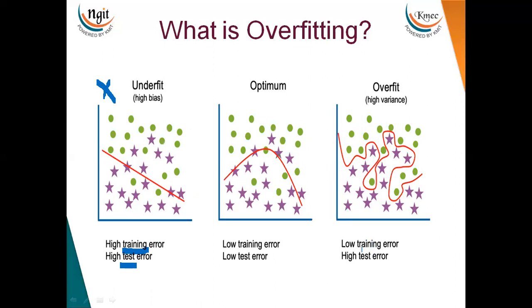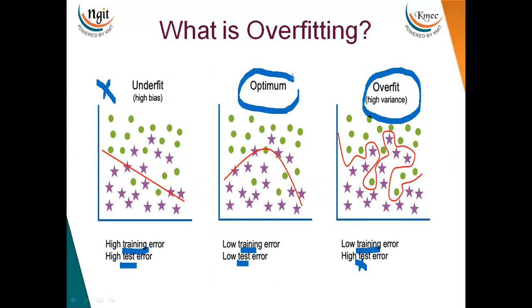If a model has low training error, meaning it works perfectly during the training phase, but it fails during the testing phase, then such a model is called an overfitted model, giving high variance. But the model which is working well, giving low error for both the training phase and testing phase, is the optimum model, or you can call it a generalized model.